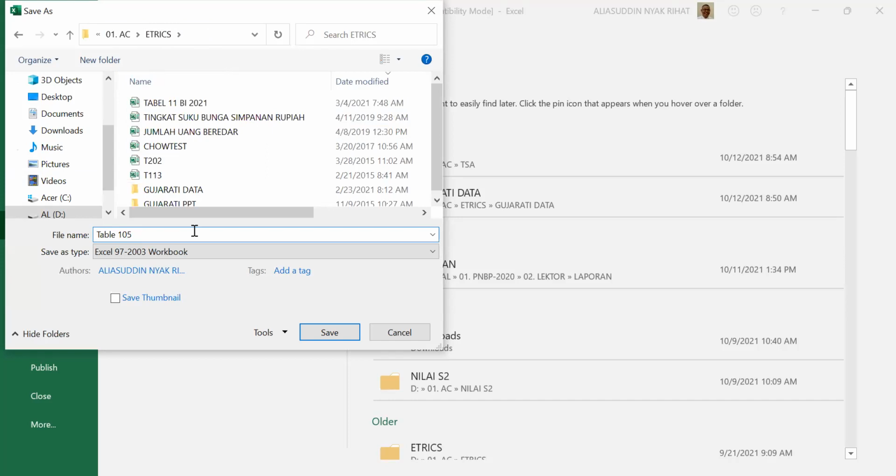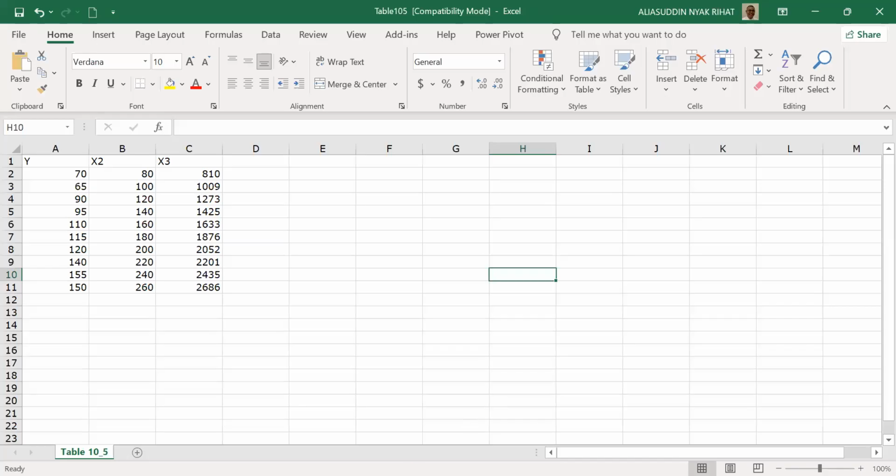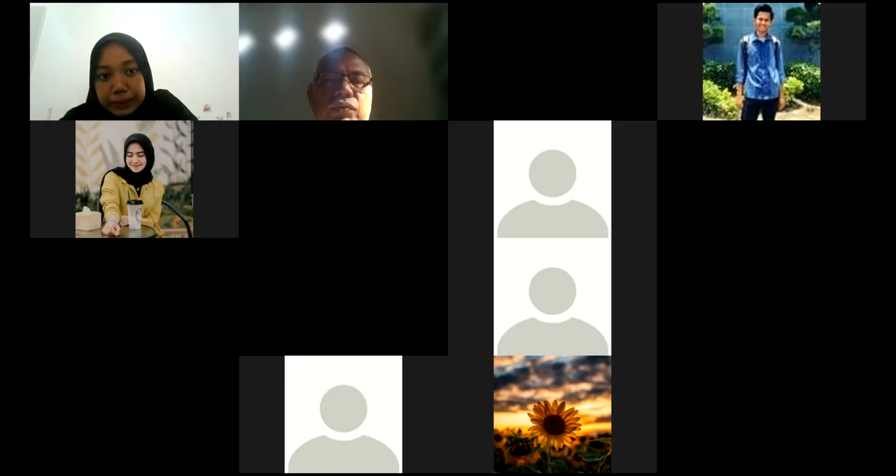Table 10.5. Now we use this data. We have table 10.5. Now I change the data from this one to new data, new sample data.